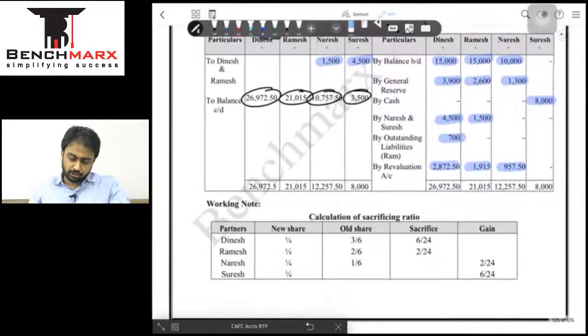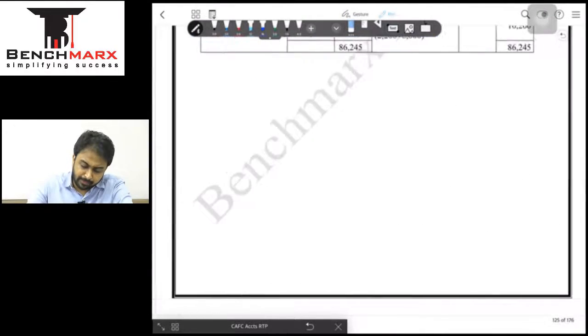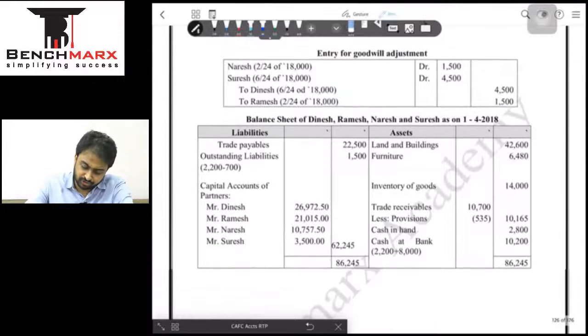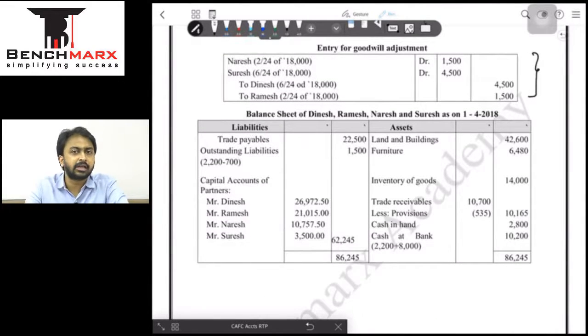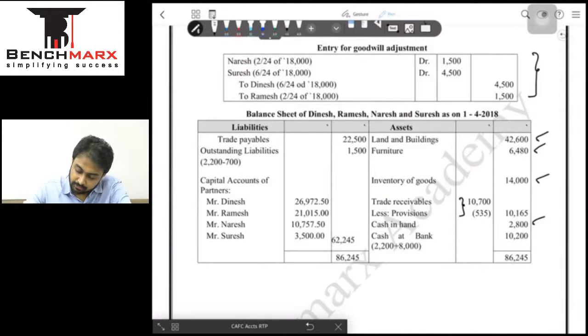We now go to the balance sheet and update it with all the recent numbers. This is the working note which they have done, but we have done this working note through our normal table. Land and building are revalued figures, furniture revalued figures, inventory revalued figures. In receivables we have to adjust the new provision made. Cash in hand remains the same.